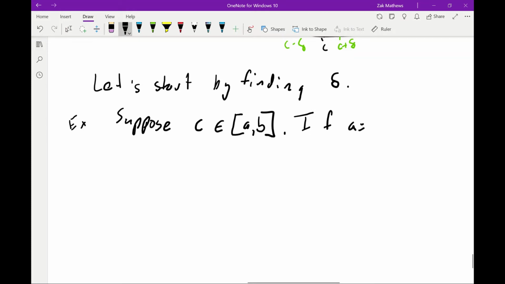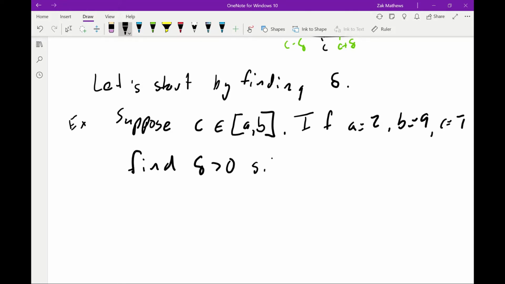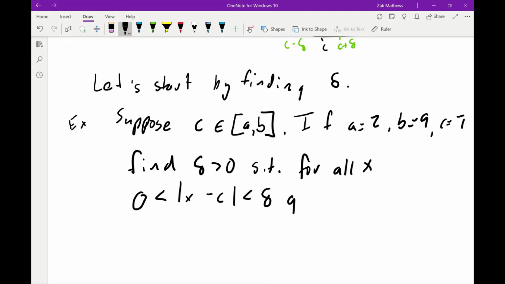If a is equal to 2, b is equal to 9, c is equal to 7, find some delta greater than 0 such that for all x where 0 is less than the absolute value of x minus c is less than delta, it gives a is less than x is less than b.